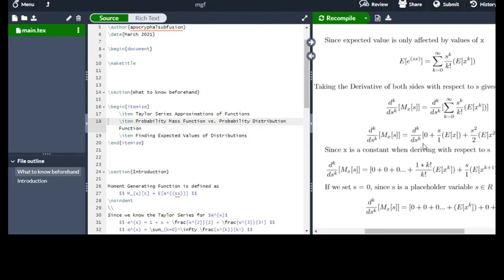Since we're deriving with respect to s, all the terms in the Taylor series of the moment generating function cancel out, right?